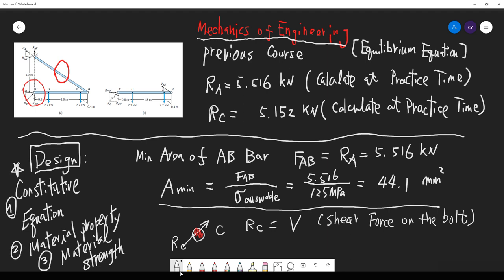So that means when you calculate the minimum area, the minimum area is equal to shear force divided by 2 times the allowable shear stress.